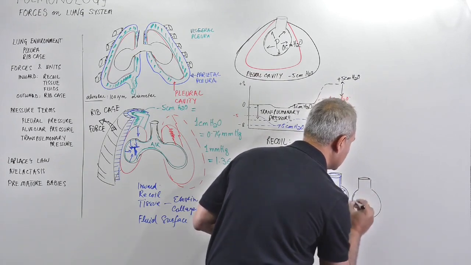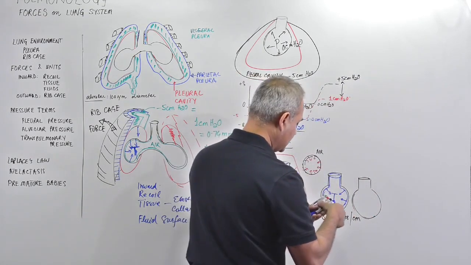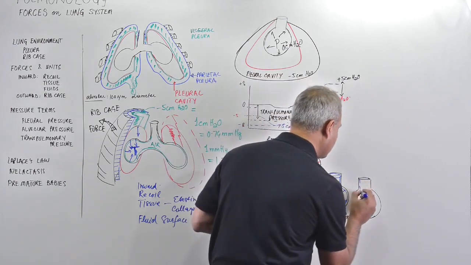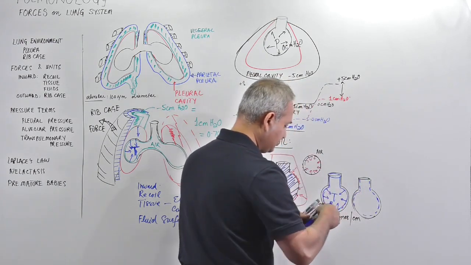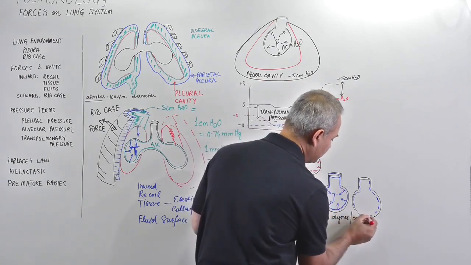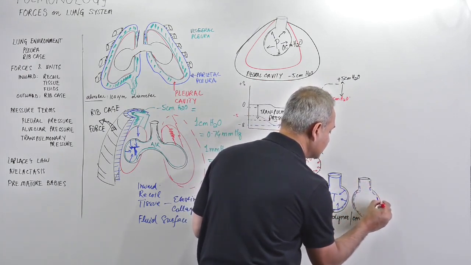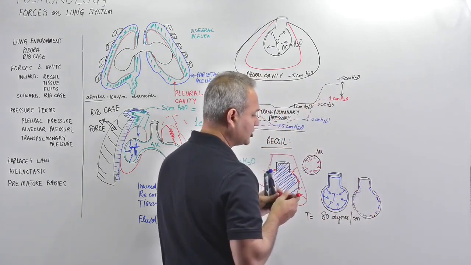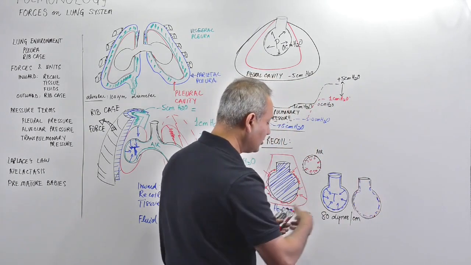That has normal fluid, and normal fluid in our case is going to be some percentage water, then really mostly ions, sodiums, potassiums, calciums, a very tiny amount of proteins, and some other substances. So that is the normal fluid.